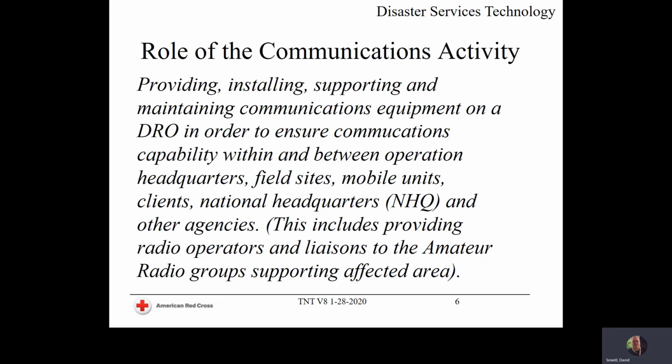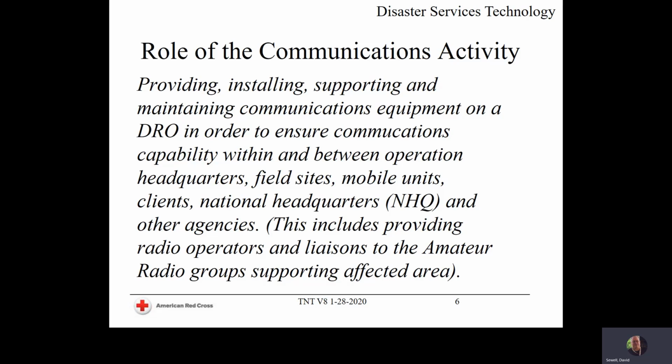Okay, so the role of the communications activity is to provide, install, support, and maintain communications equipment, and we'll go into what that equipment is soon, on a disaster relief operation so everybody could talk together.